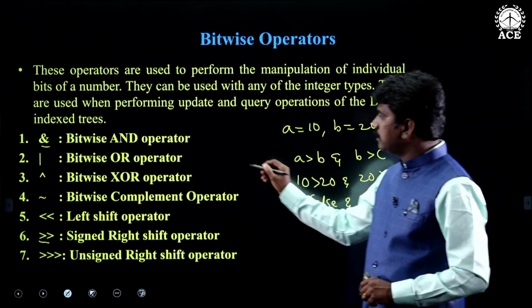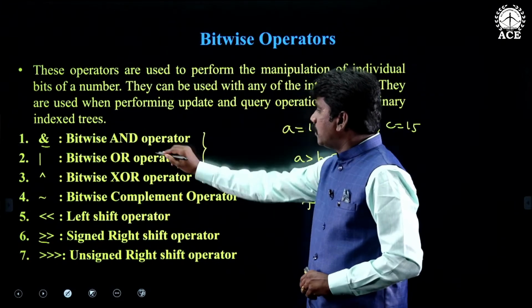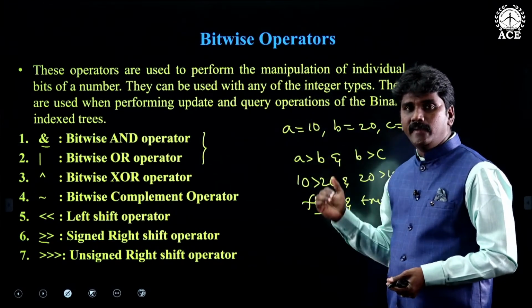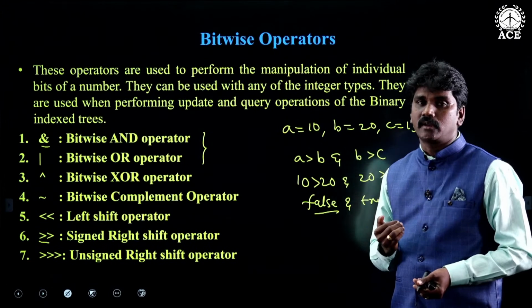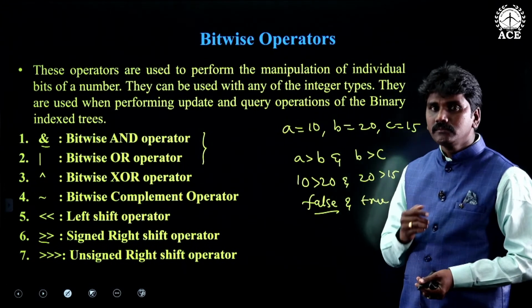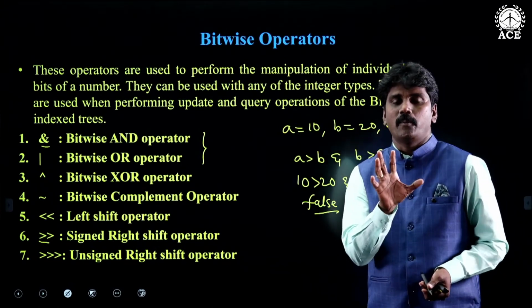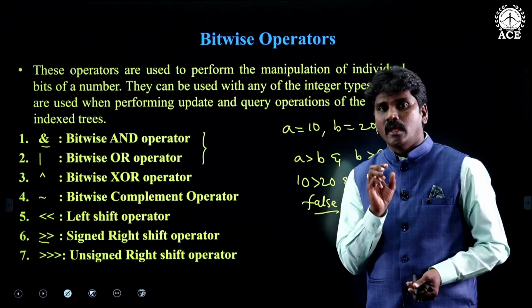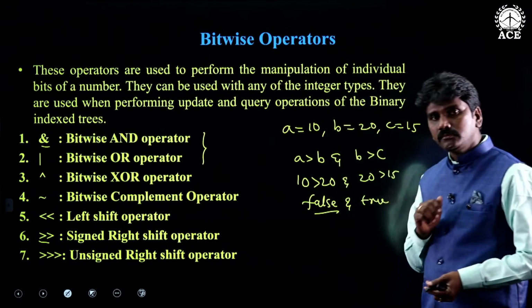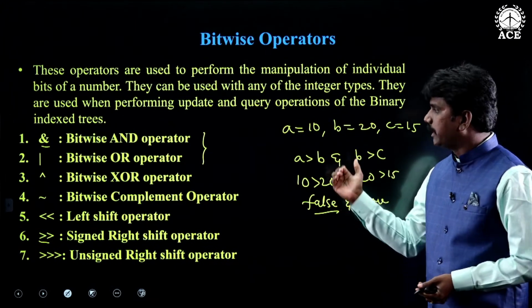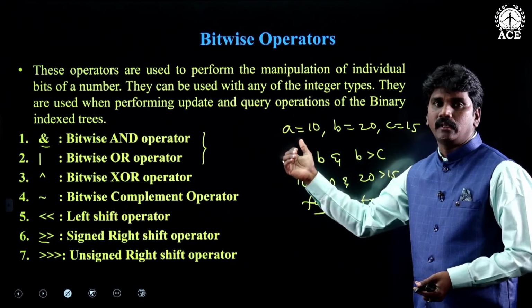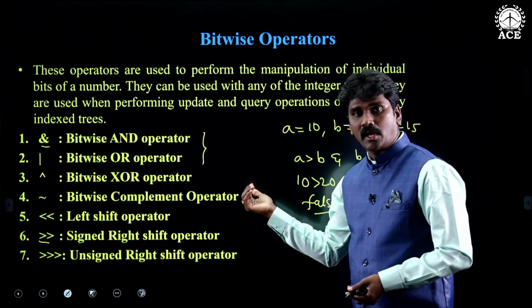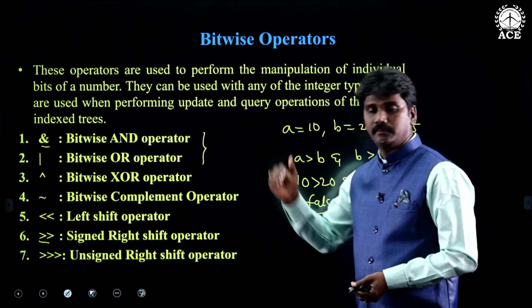So we have seen the same, AND and OR, short circuit AND and short circuit OR. We have to understand the difference between short circuit AND and bitwise AND, short circuit OR and bitwise OR.